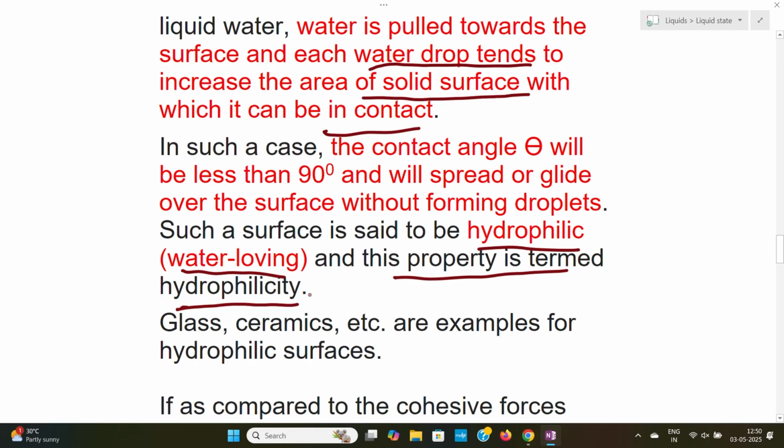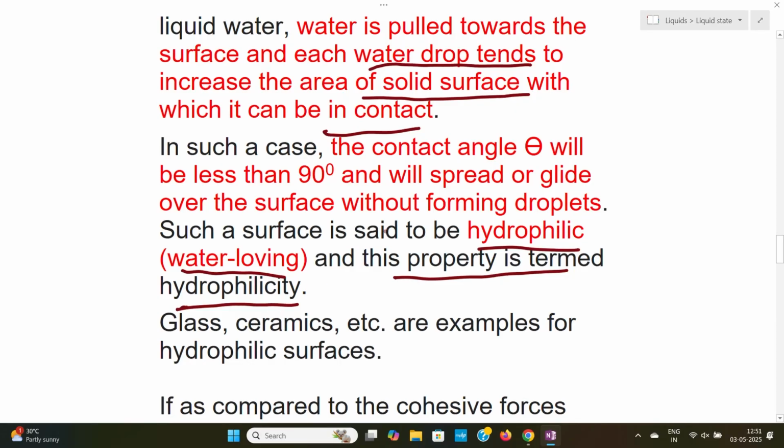So, when we learn this hydrophilicity, we have to remember that the adhesive forces between the water molecules and the solid surfaces are stronger than the cohesive forces between the water molecules.